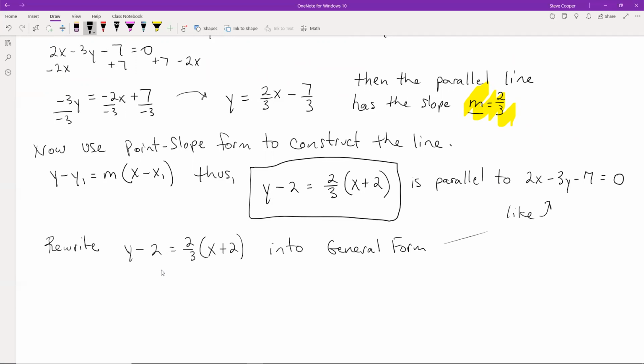All right, well, that's easy enough to do. I just have to basically clear the fractions. So if I multiply through by a 3, we'll take 3 times y minus 2 is equal to 3 times 2/3 times x plus 2.